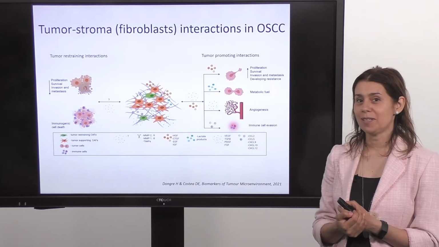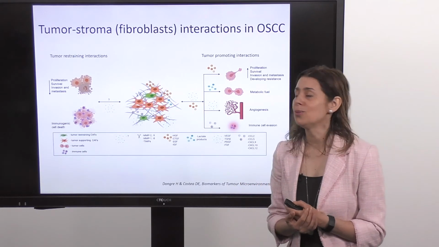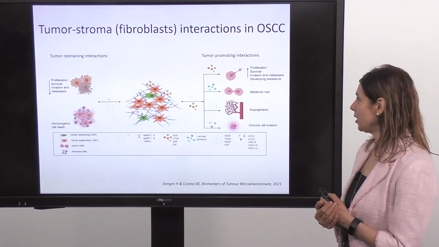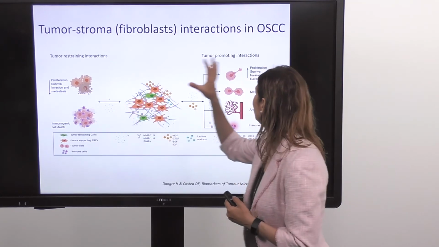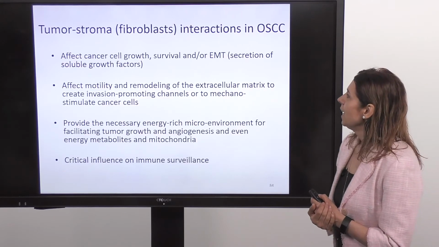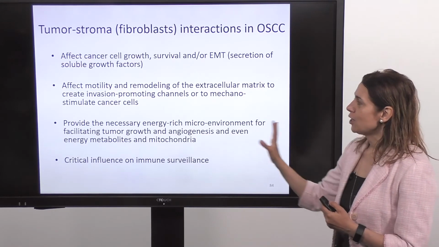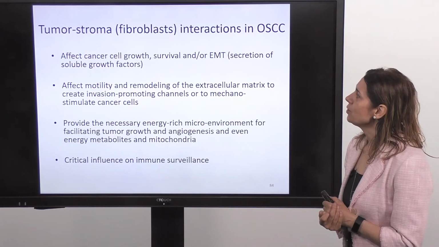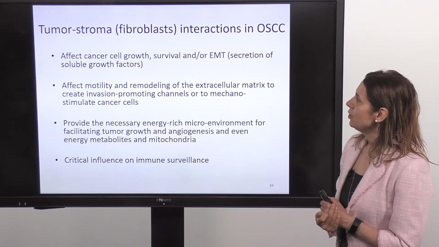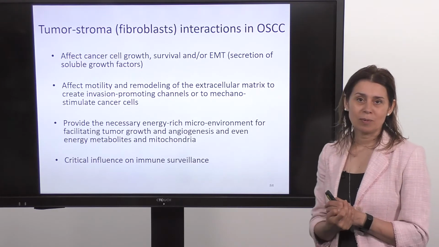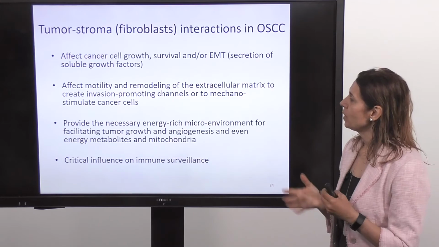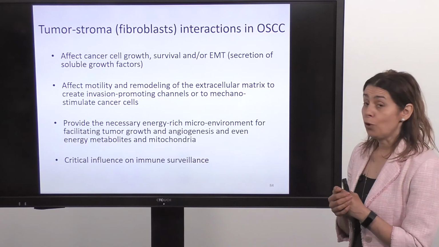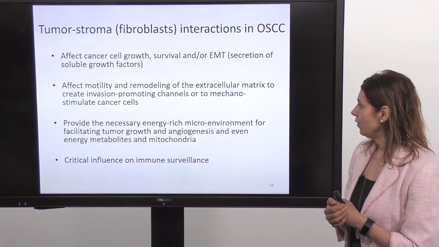I hope the information I gathered here hasn't been too overwhelming. I tried to take you through seminal papers, studies showing both tumor restraining and tumor promoting interactions. And this is the summary of the knowledge that we have today, that the tumor stroma interactions in oral squamous cell carcinoma, mainly the tumor fibroblast interactions, are very important for cancer cell growth, for survival, for motility and invasion.